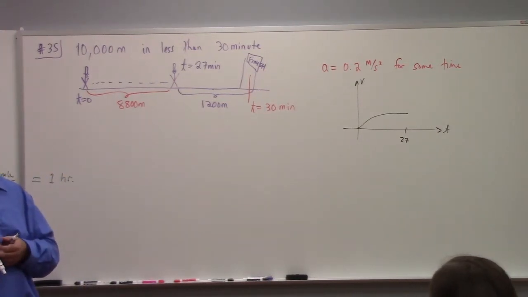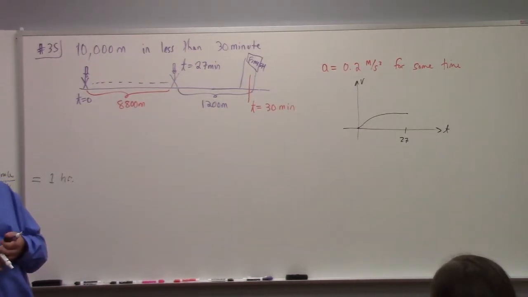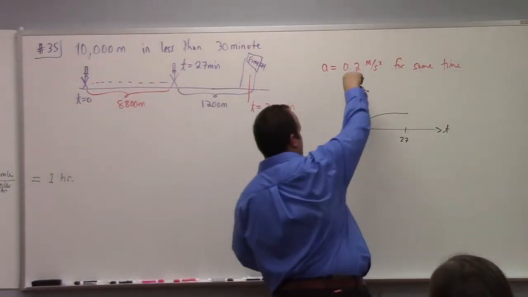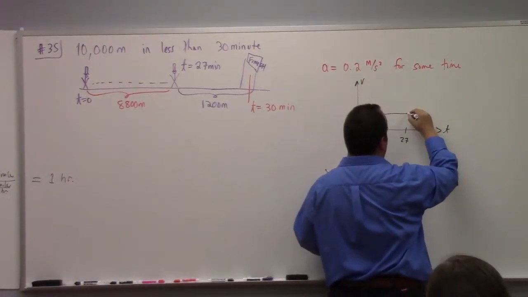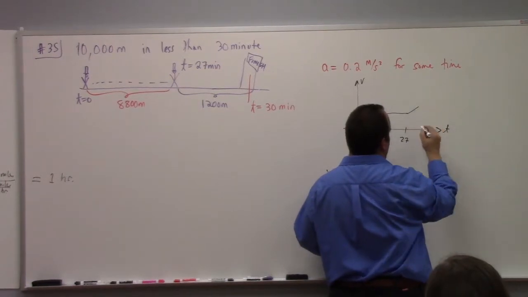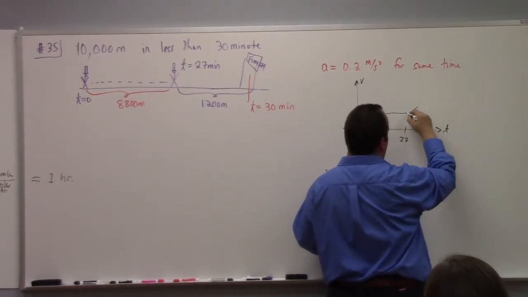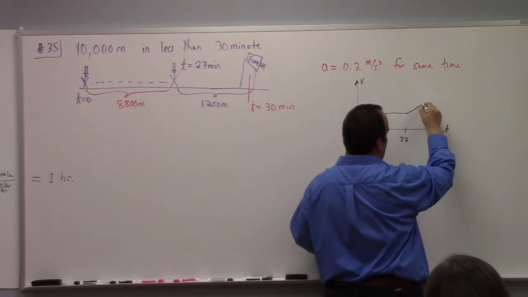I could figure out the average velocity during that time period: 8,800 divided by 27, that's the average speed for that first part. Then we're told that you're going to accelerate at 0.2 meters per second squared, which means you're going to up your velocity for some amount of time, but maybe not the whole time.